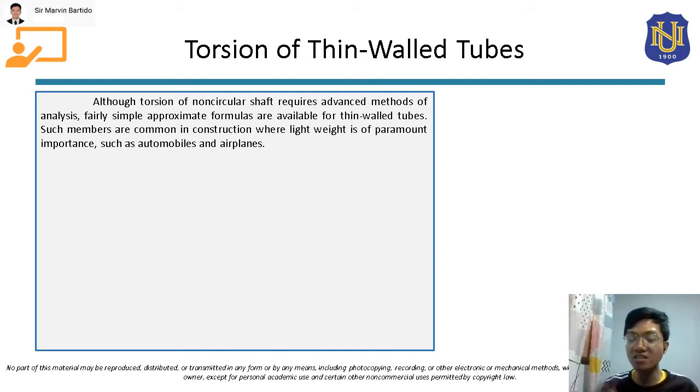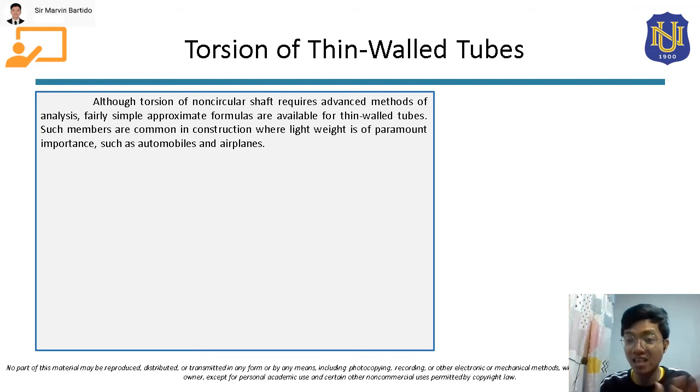So there are instances, class, that we prefer to use thin-walled tubes rather than solid shafts. The reason is that since it is a hollow tube, there is a hole in the cross-section, meaning it will be lighter in weight compared to shafts or tubes that are solid in cross-section.